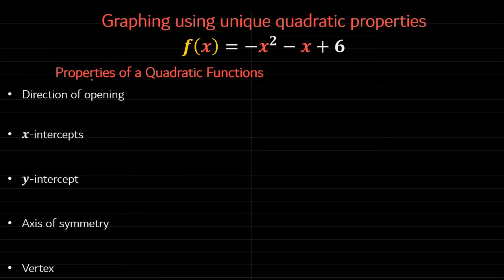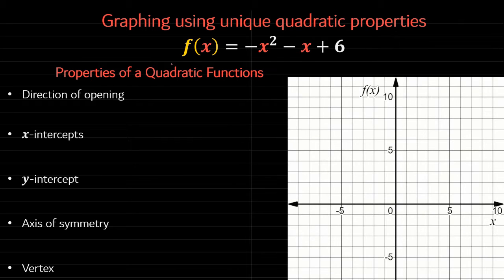Your direction of opening depends on your value for A, right? So it can be up or down. If A is positive, then your graph would look like this, right? So it's going to be up. You can use the U to even write up.